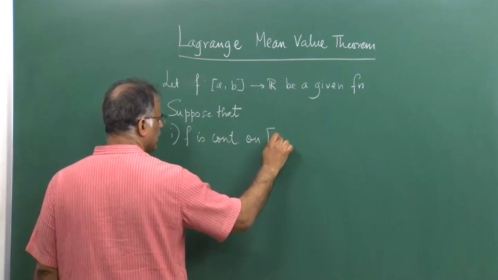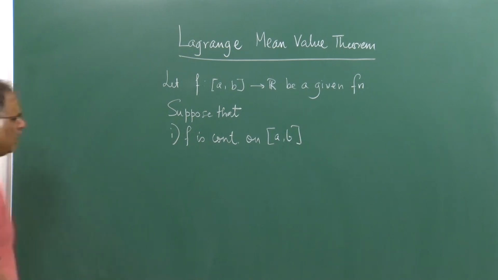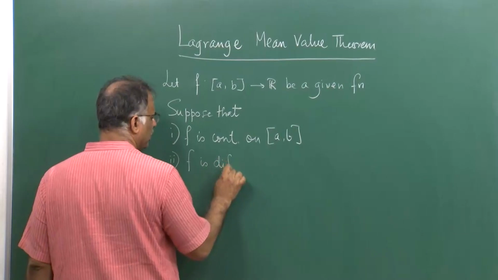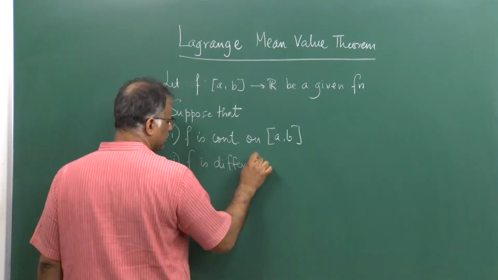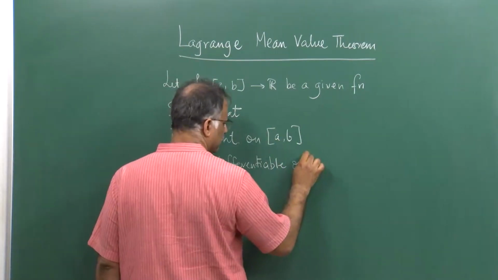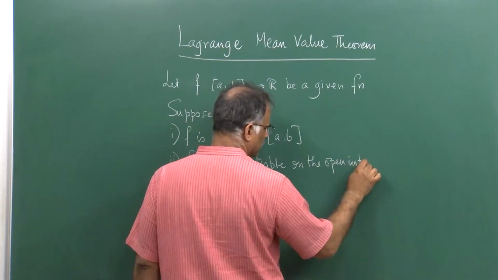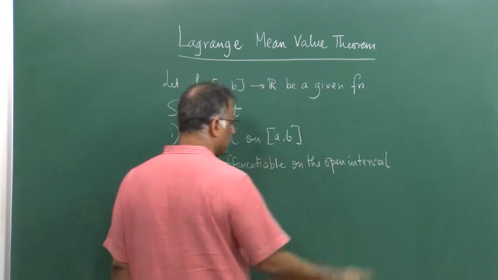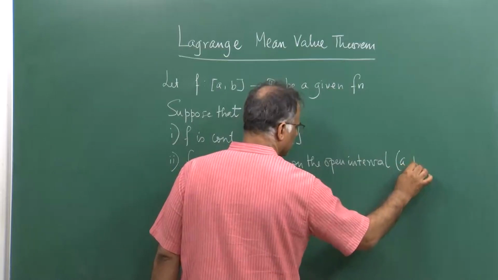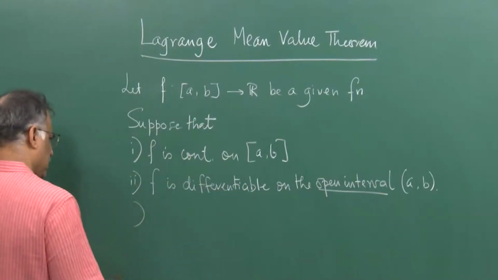CONT means continuous; these are just short forms I am using to improve the economy of writing. And number 2, f is differentiable on the open interval (a, b). I am suggesting the differentiability has to be on the open interval (a, b).